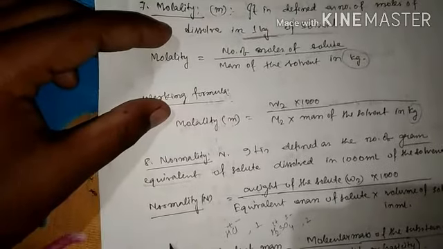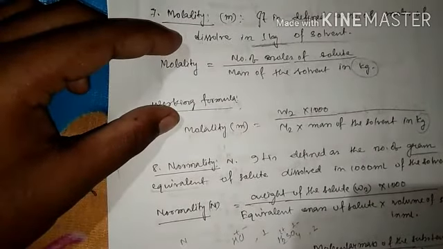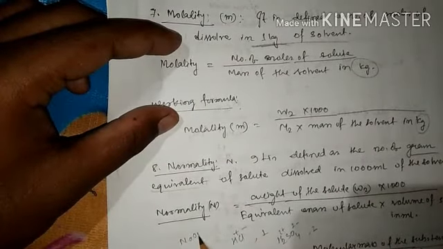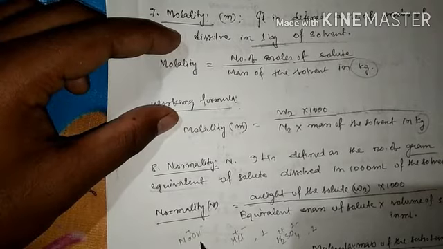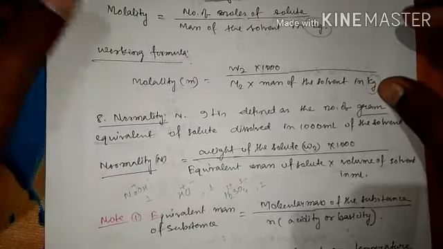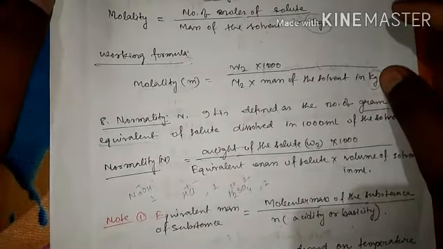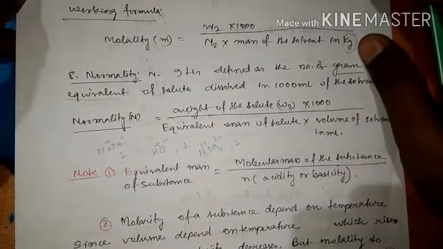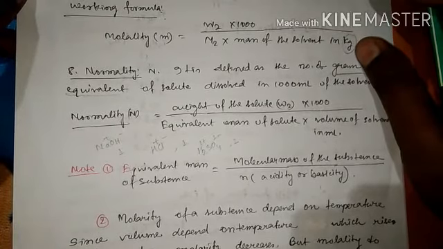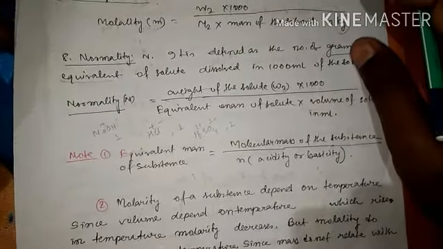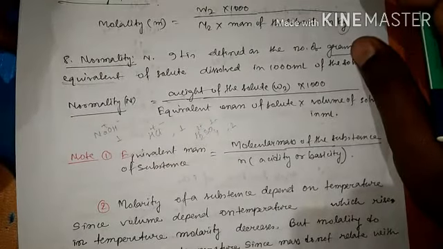For a base, suppose NaOH, it has one positive, so the basicity is 1. Similarly, for potassium permanganate the value is 5, and for potassium dichromate also 5. You have to remember some acidity or basicity values to prepare solutions in our laboratory.